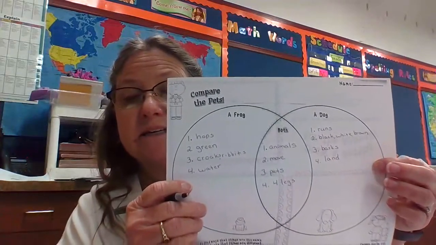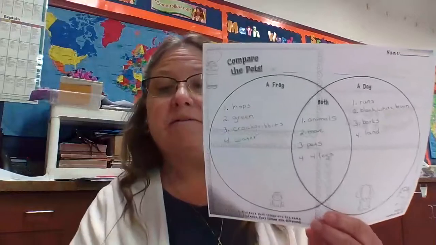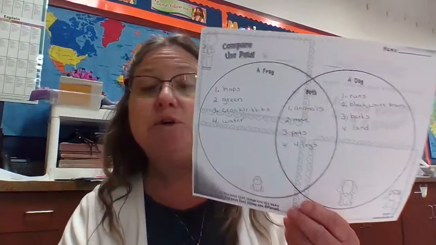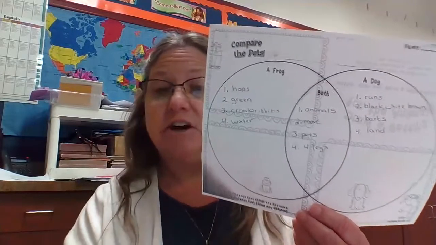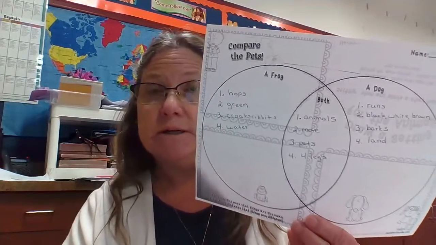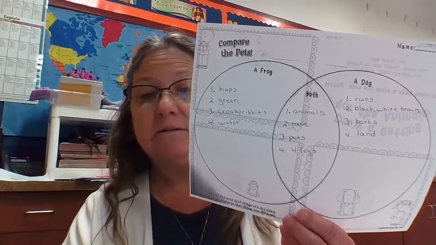Where do dogs live? Dogs live on the land. So, we did about 4 in each one. If you can think of anything else about just a frog or just a dog, you can add more to it. We did 4 together, okay?